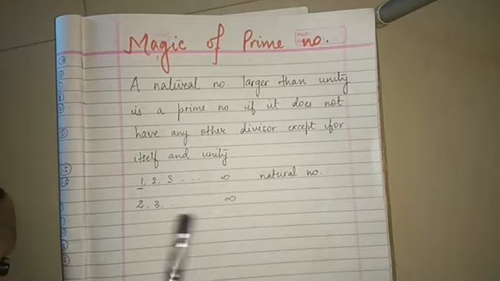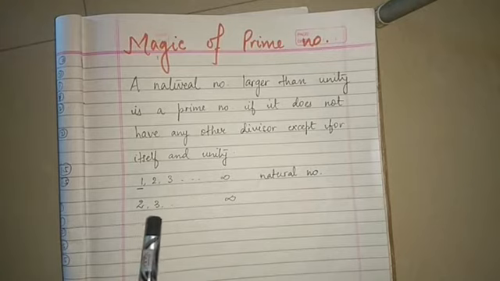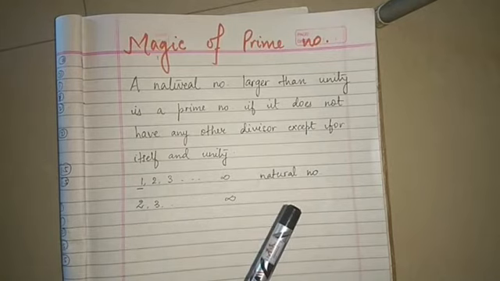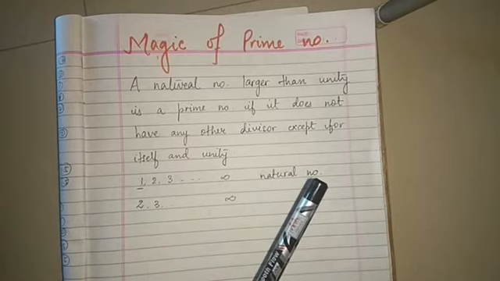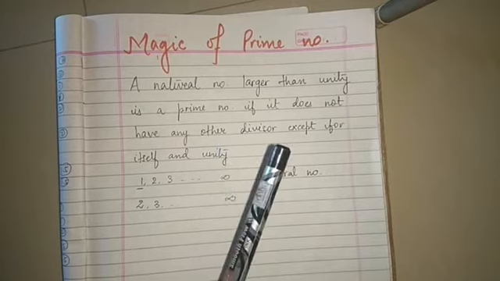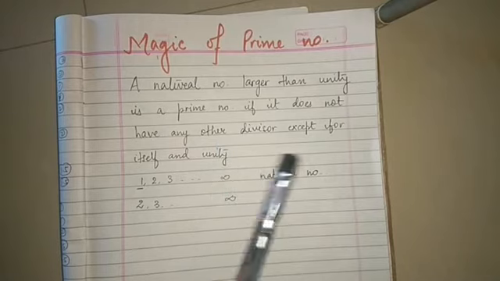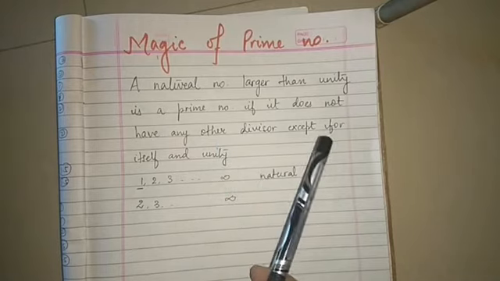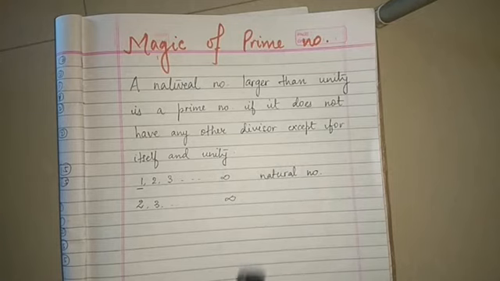I'm not saying that all the numbers from 2 till infinity are prime. A natural number larger than unity is a prime number if it does not have any other divisor except for itself and unity.